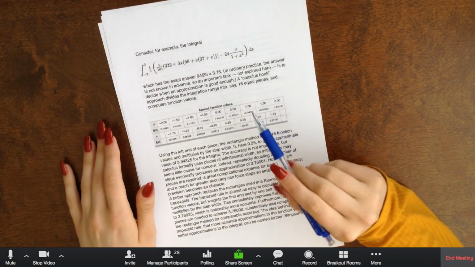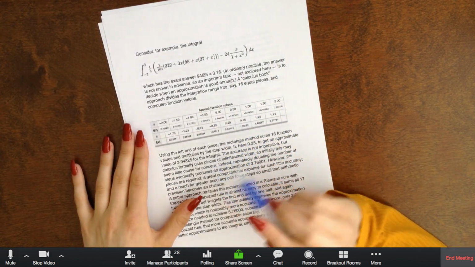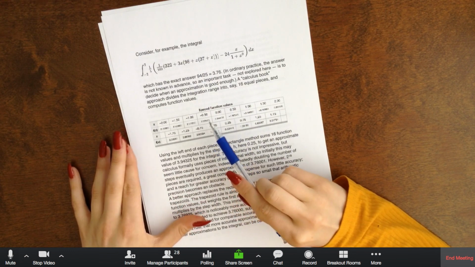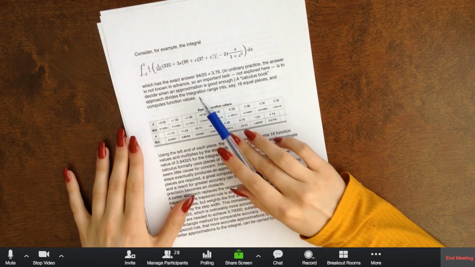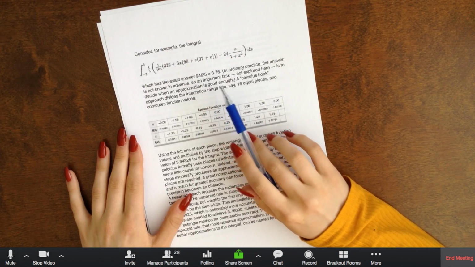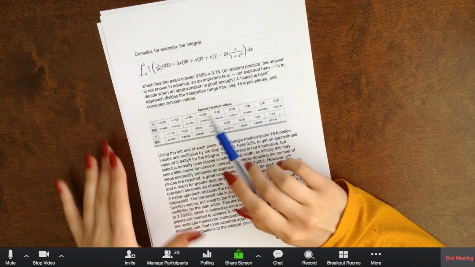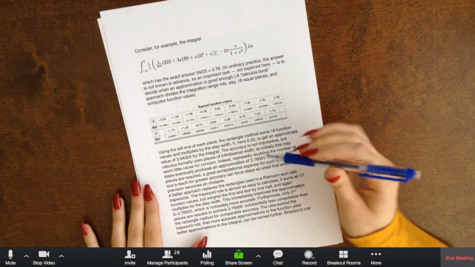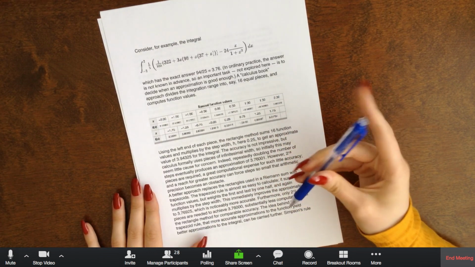Okay. So here we have, I'm sorry that the picture is a bit low quality, an integration range that is divided into 16 equal pieces and computes function values.